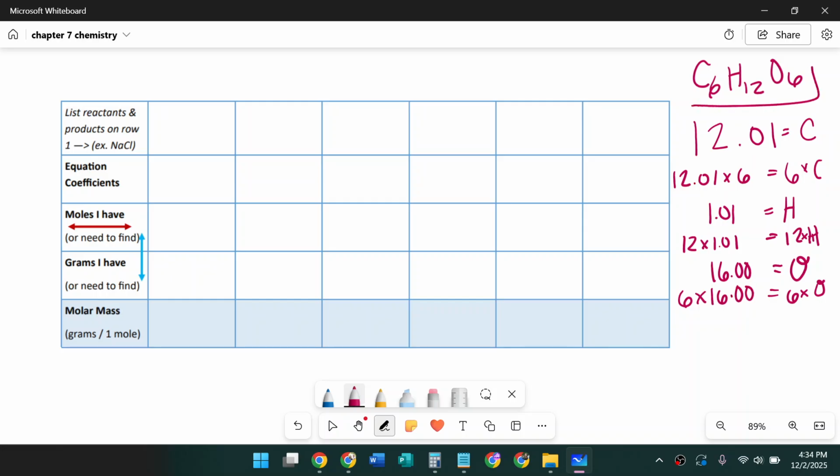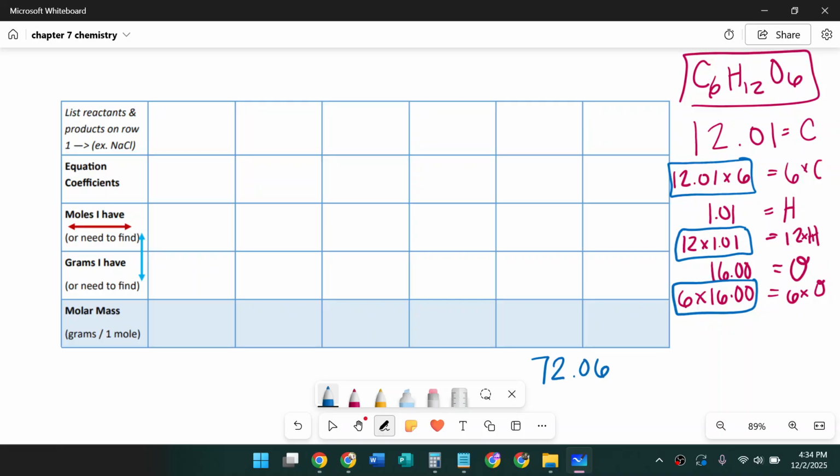Well, this particular molecule is made of 6 carbons and 12 hydrogen and 6 oxygens. And so if I take those numbers, 72.06 is the first one, and 12.12 is the second one, and 6 times 16 is the last one. And then I add those together, I will get the mass of that.